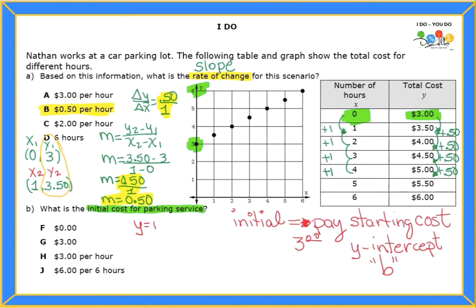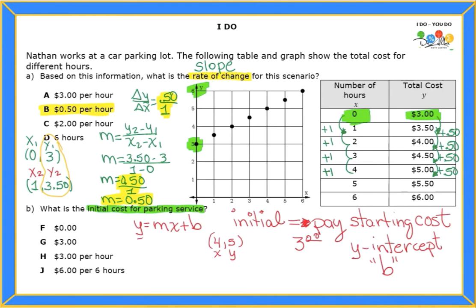We say y equals mx plus b. So I'm going to choose one point, some other point, not any of the ones that I used earlier. I'm going to choose 4 and 5, where 4 is x and 5 is y. So I'm going to replace those values in my equation.